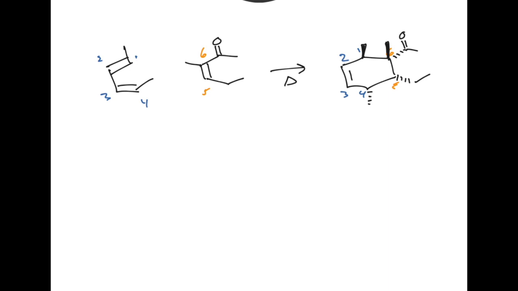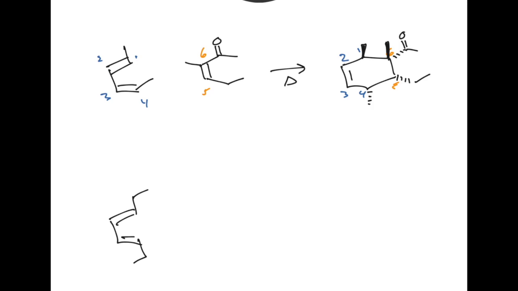I was asked to re-explain the stereochemical outcome on carbons 5 and 6. Sure. So if you look at the ketone on 6 and the ethyl group on 5, they're on the same side, right? So they have to be on the same side in the product. So I decided to put them both down.